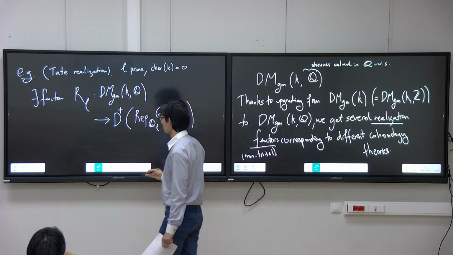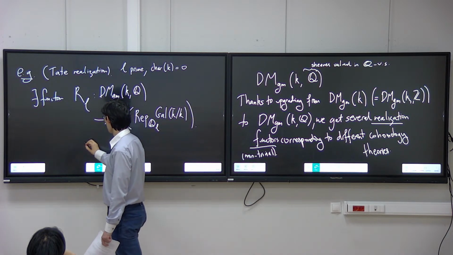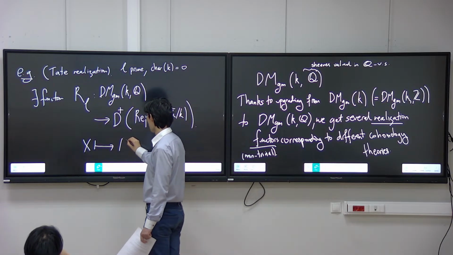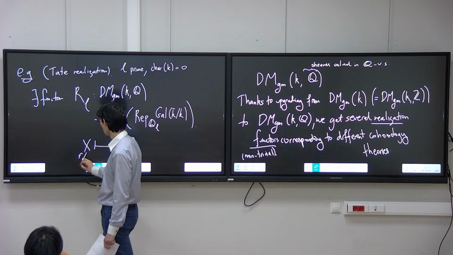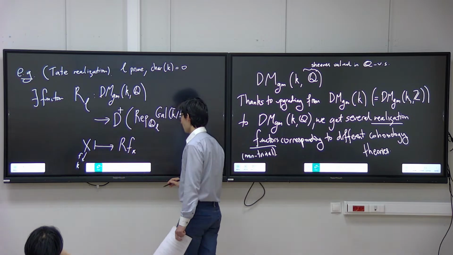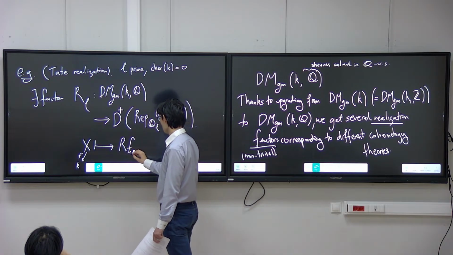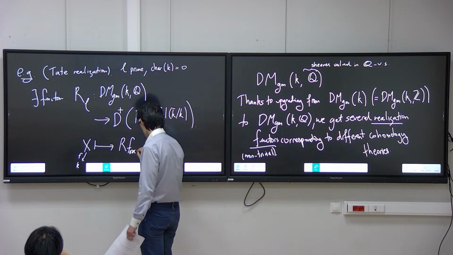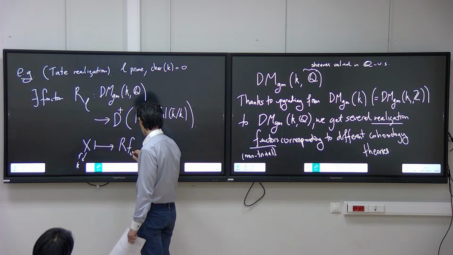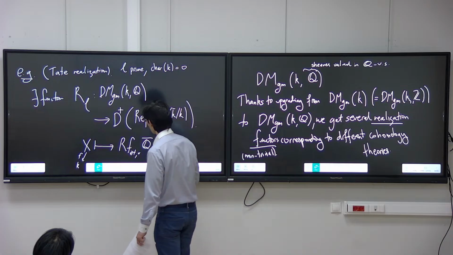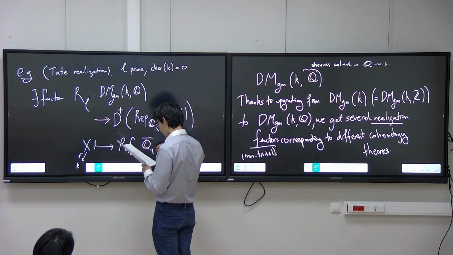So you can think of this functor roughly as taking some variety X of finite type, with some structure morphism f to K, it lives over K, and I can take the etale cohomology, the etale pushforward of Q_l, maybe Q_l-bar coefficient, or maybe just Q_l is enough for our case.